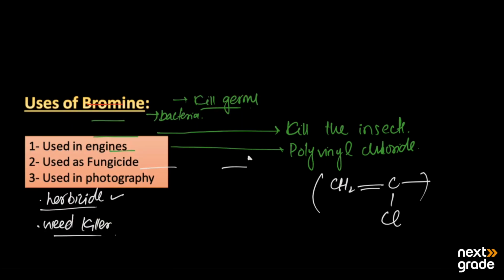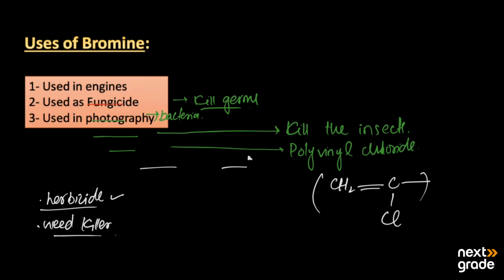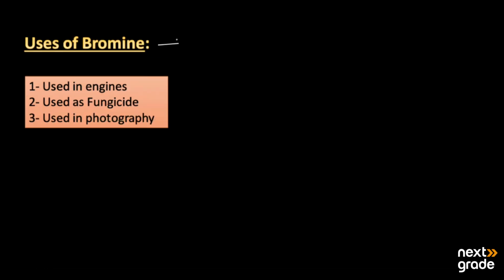After this, we have the uses of bromine. So bromine, its formula is Br2. It is also present in the diatomic form. It is used in the engines of different vehicles, as well as a fungicide, as well as in photography, in which we use silver bromide AgBr.